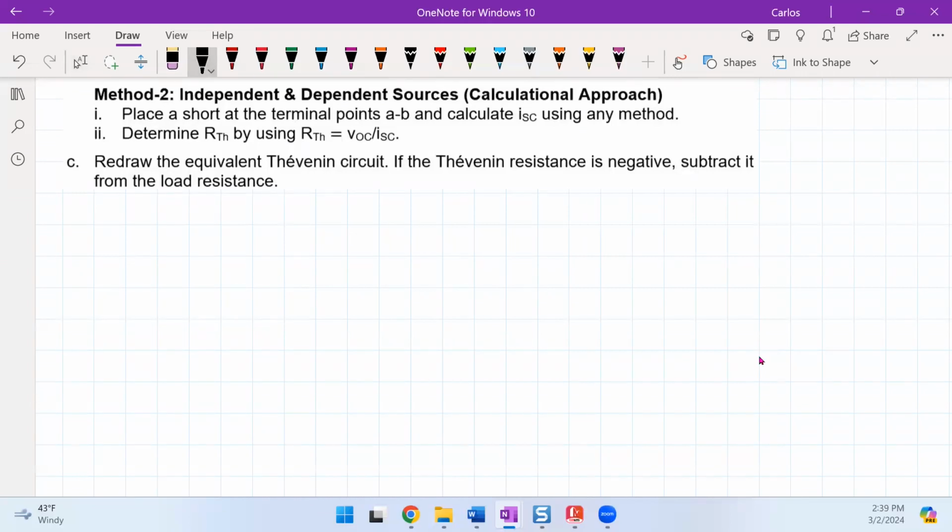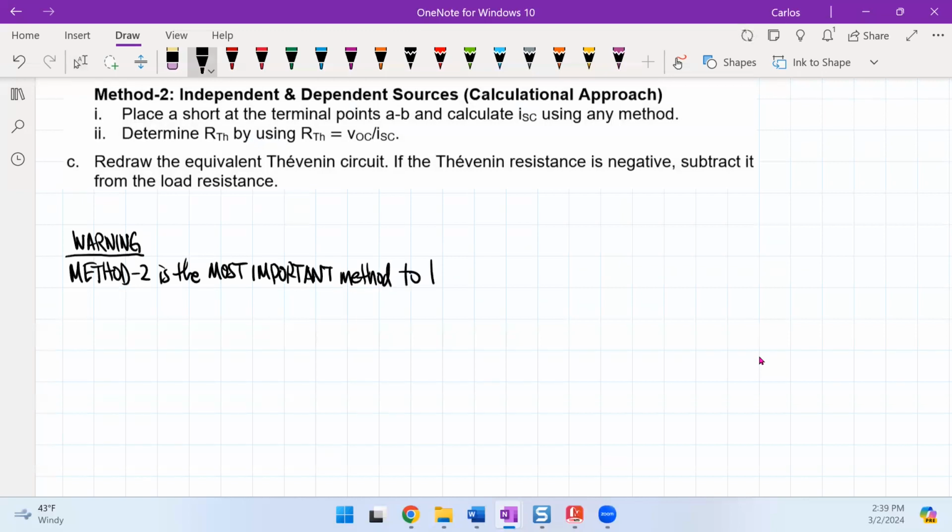Warning: method 2 is the most important method to learn for exam 1, because that's what you're going to be given.